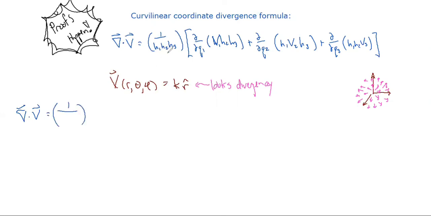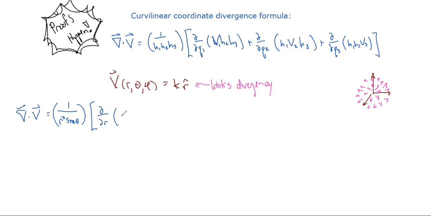Okay, I have this thing, which you're probably really familiar with now, which is the product of the scale factors, the thing that multiplies the volume element, and that's r squared sine theta, as it was before. First coordinate is r, so we have d by dr of v1 h2 h3.